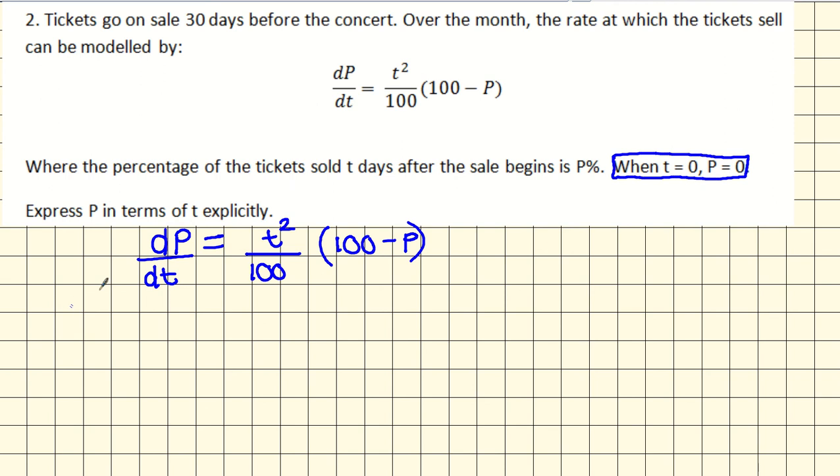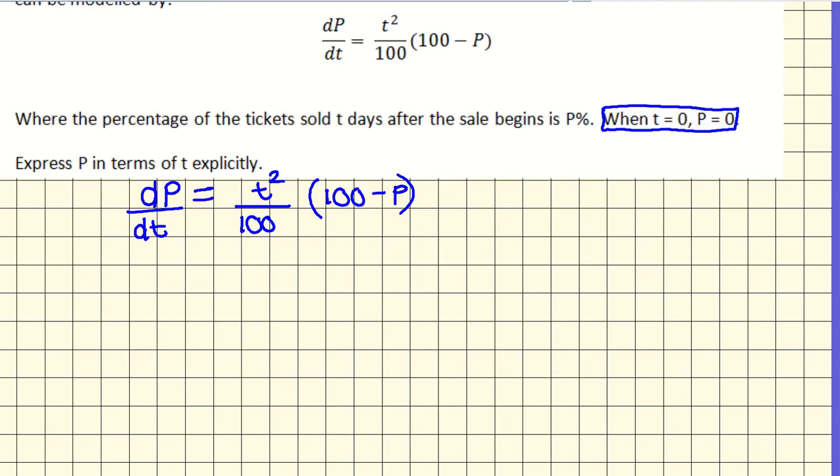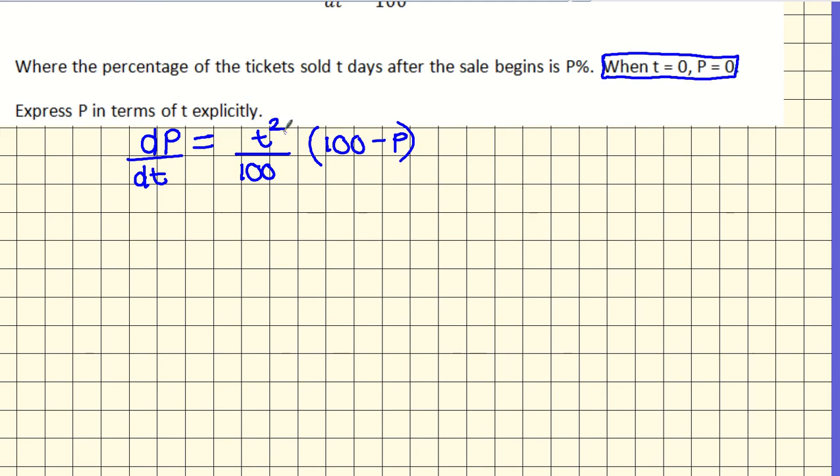Before we work out what it's asking us, you should recognise this, that you should be able to split this up. So deal with this bit first. Your dp can stay there. I'm going to multiply both sides by dt. Your p's need to go on the left hand side, so that's this bracket here.